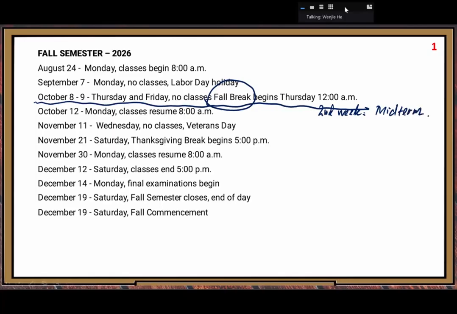So it's an in-class test. So we have 75 minutes, the whole class. So you need to complete that midterm test in these 75 minutes.